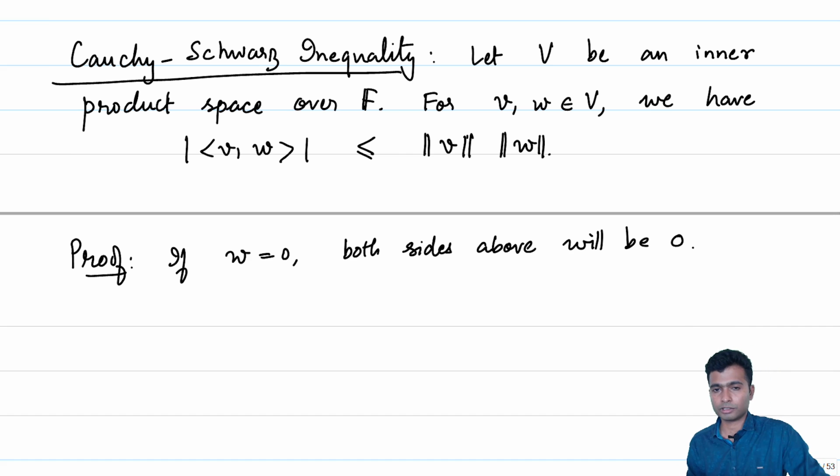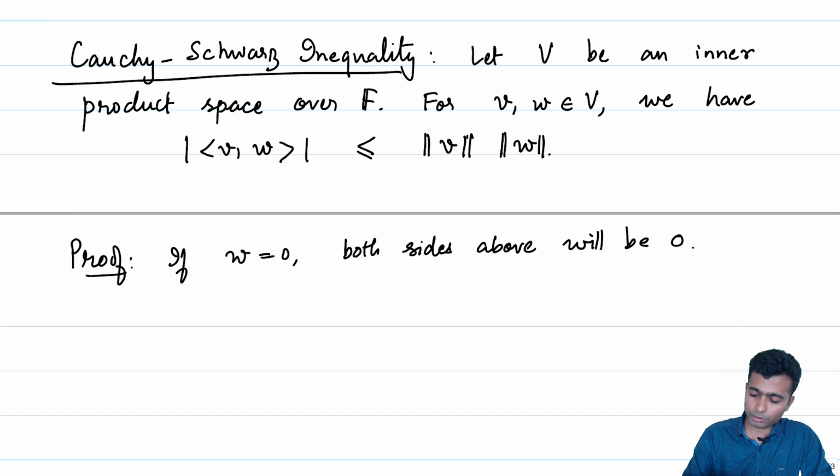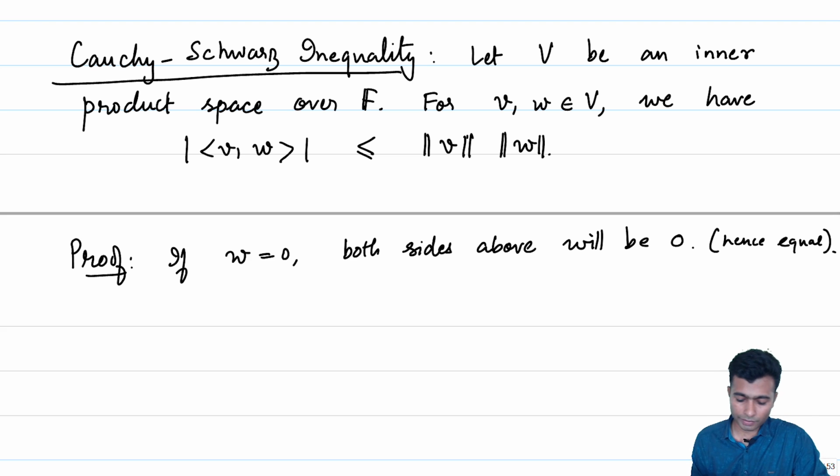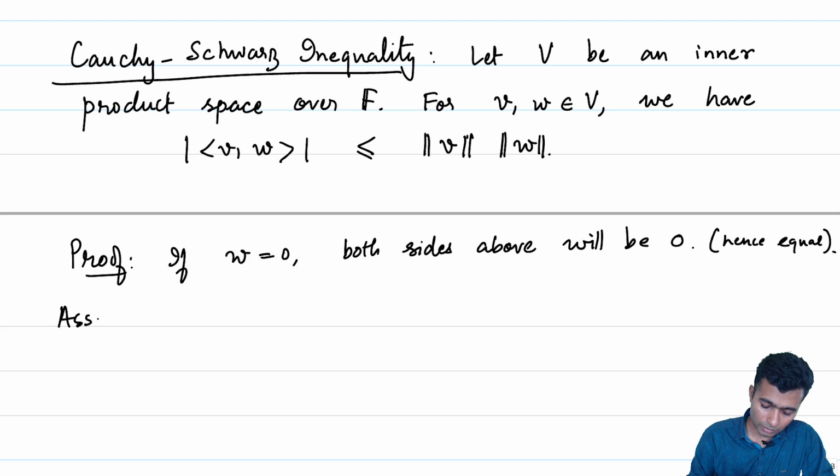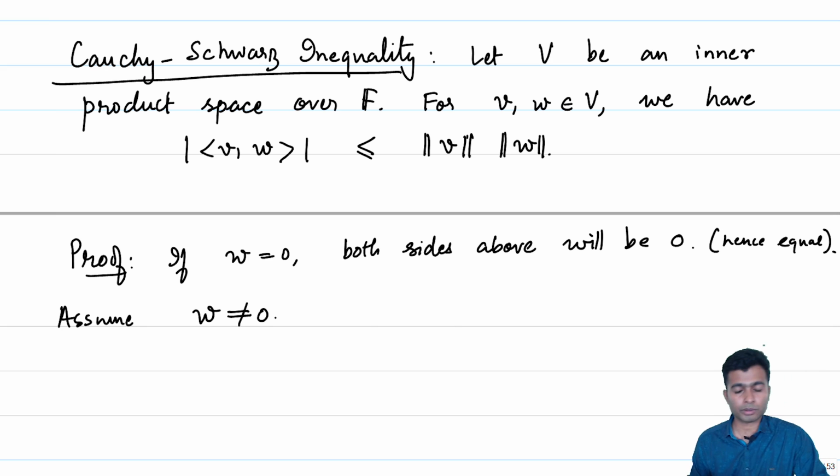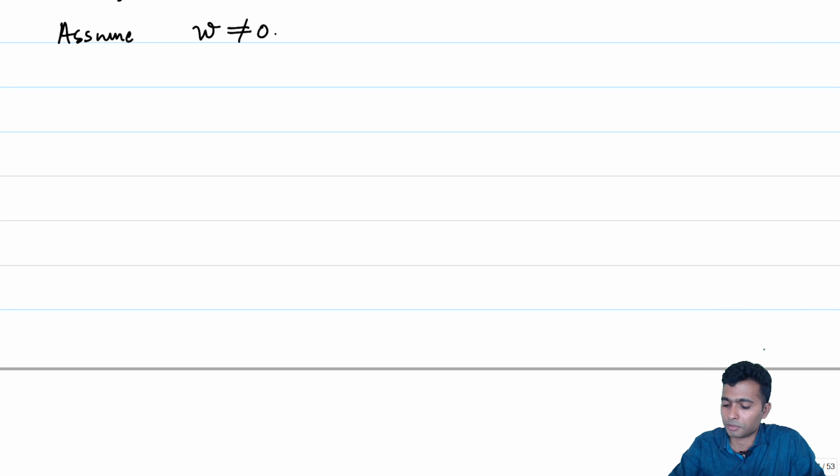There is nothing to prove, it is just equality then. So in particular the inequality is satisfied. So we may assume without loss of generality that W is not equal to 0. The case when W is equal to 0 has already been settled.